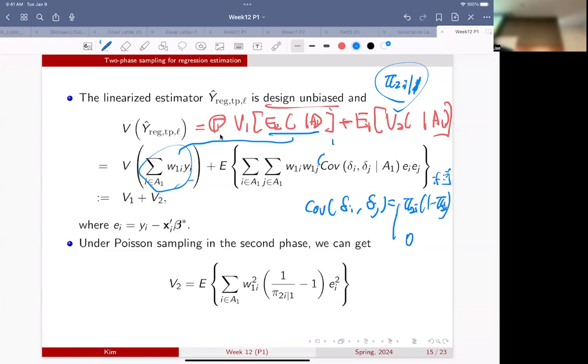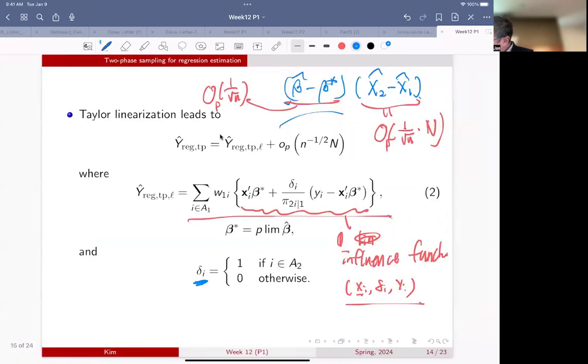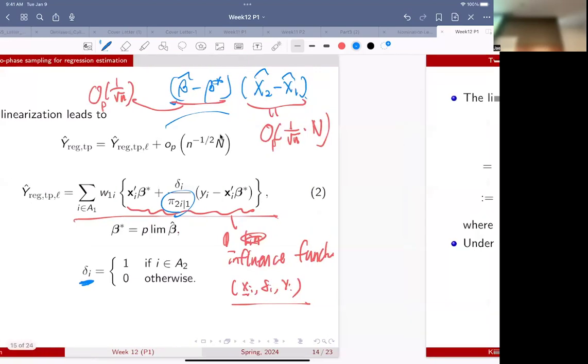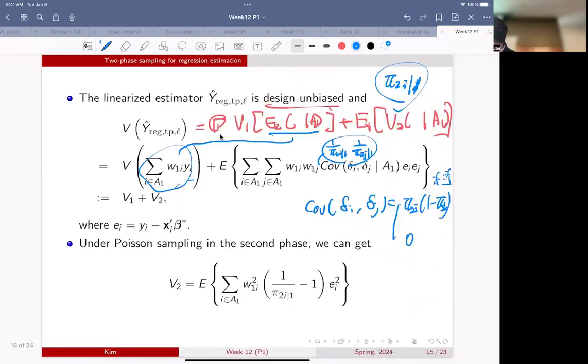It should have 1 over pi_2i given 1, 2j given 1, because I have this weight and this weight. Sorry, there's a mistake; I should include the typo fix. But the answer is correct.